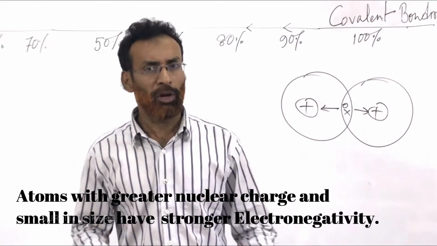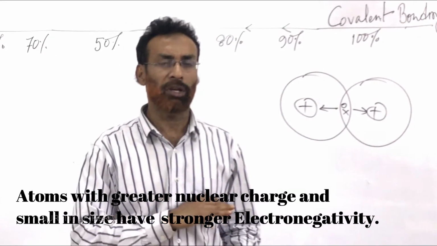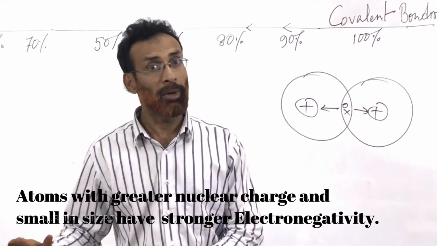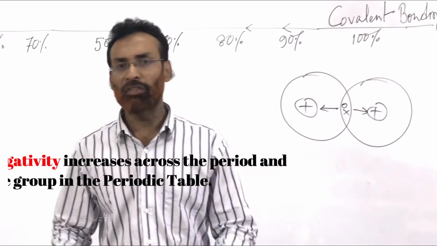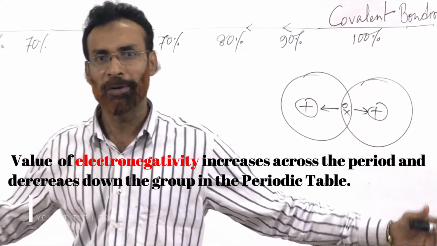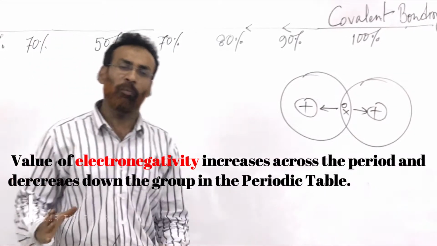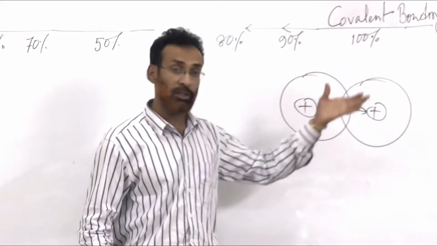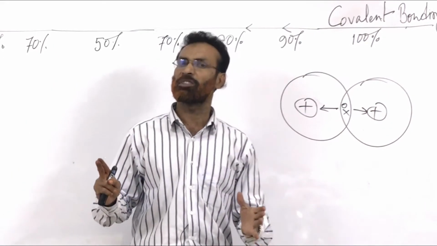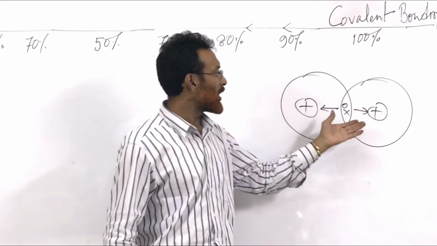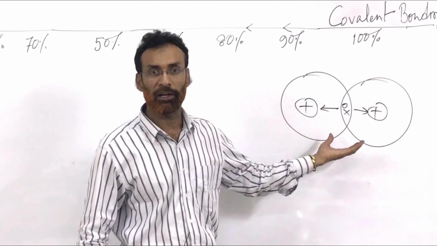So in the periodic table, when you move left to right across the period, the electronegativity of the elements increases, and this decreases down the group because the size gets bigger and bigger. So if you make a bond with two different atoms, suppose one is hydrogen and another is chlorine, certainly they will have different electronegativity. This time the nuclei will have different attractive force for the shared electrons.